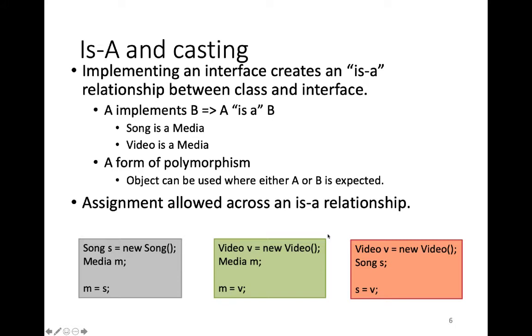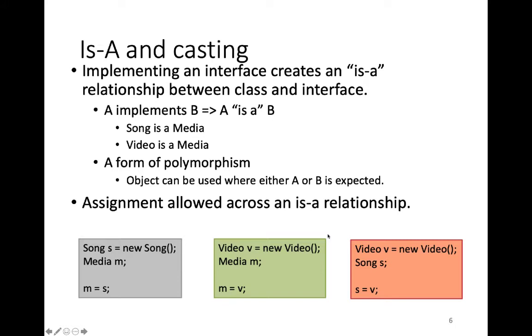What I can't do, obviously, is this: let's say I create a video object and have a reference to it through the name v, which is type video, and I have now a name s, which is of type song. I cannot assign s to v, because while the two classes, song and video, both happen to have is-a relationships with media, they do not have is-a relationships with each other.